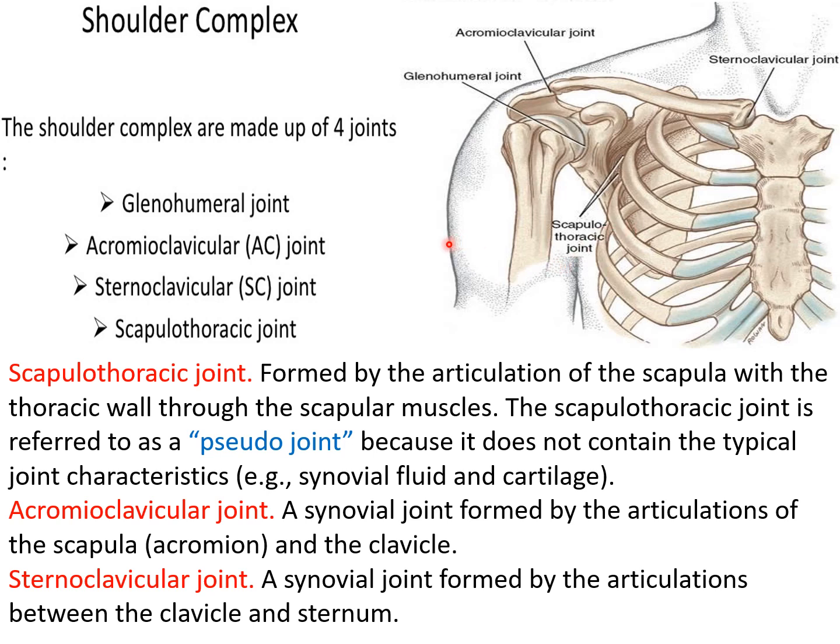This joint is not articulating with bones as such, so it is called a false joint or pseudo joint, because there are no typical joint features like articulating bones, a joint cavity, and synovial fluid between the articulating surfaces.